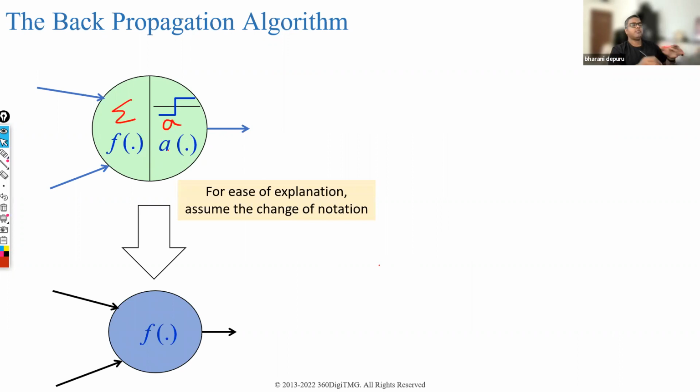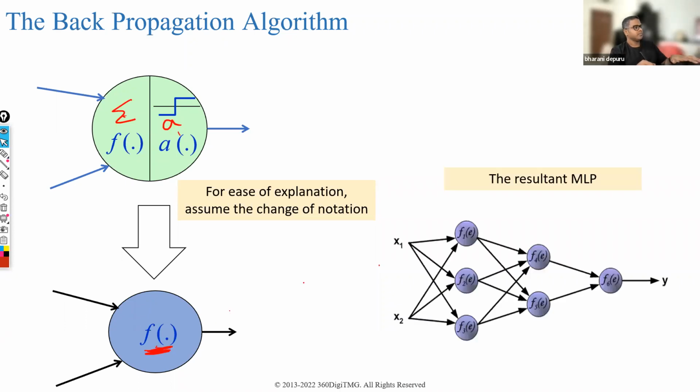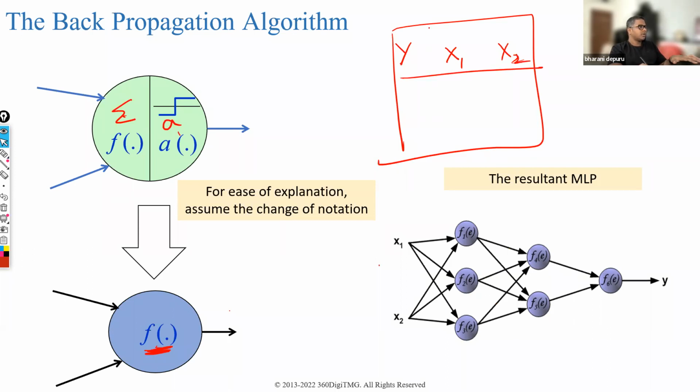But for our ease of understanding, just for demonstration and visualization only, I'm representing both of these, integration and activation combined, as a function. So this is the kind of setup that we have, wherein say you have one output variable and two inputs, and you have various observations. Say you have 10,000 observations.